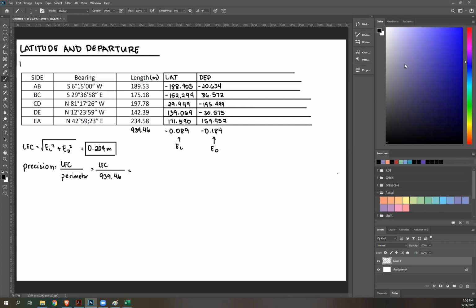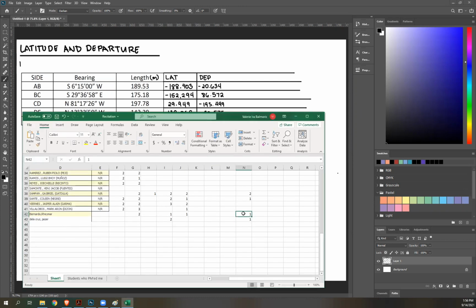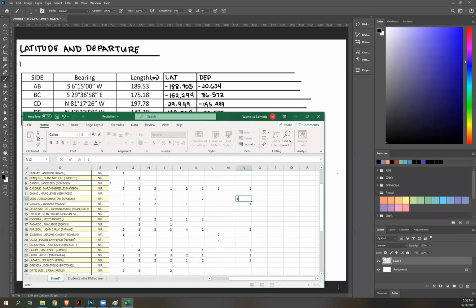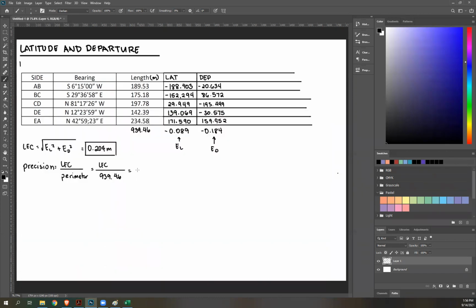Correct, Raymar and Diego. It's 2.171 times 10 raised to negative 4 meters. Okay, that's it. So that's your latitude, departure, error, and precision.